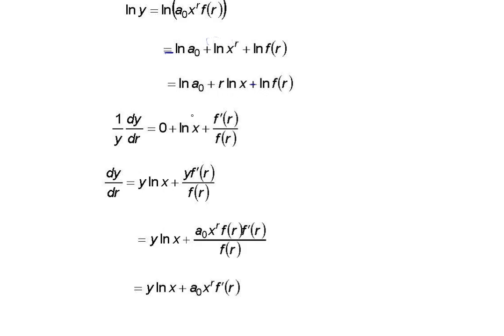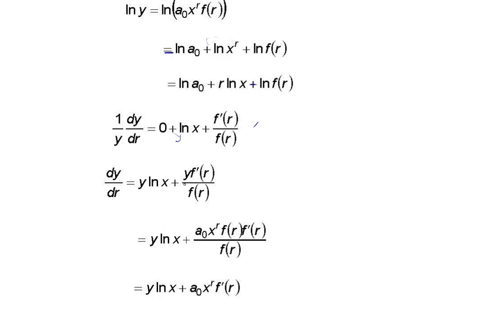So we get log x plus, differentiating log f(r), f prime r over f(r). And then we want dy/dr, so we multiply both sides with y, and we get y log x plus y f prime r over f(r).